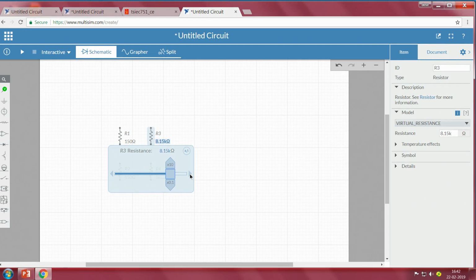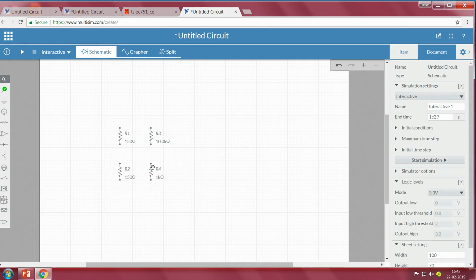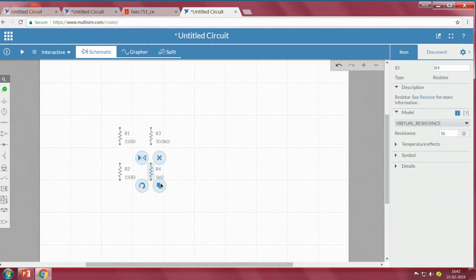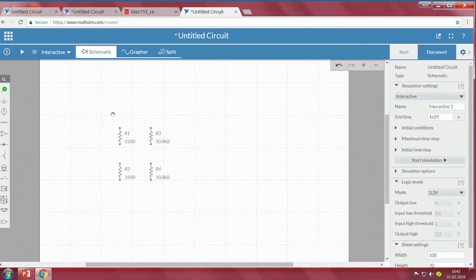Assuming 10K would be sufficient, so this is the resistance that I've chosen on the other arm of the bridge. Now that we have the 4 arms of the bridge, let's connect it to the source.